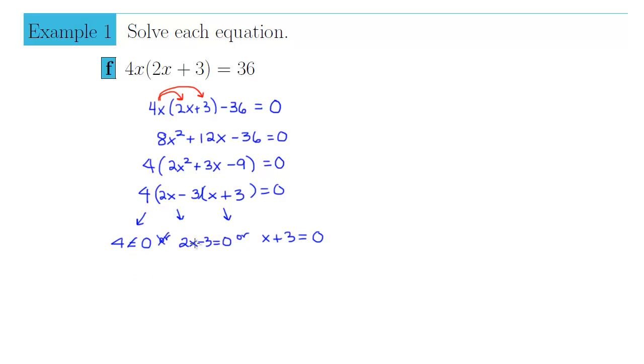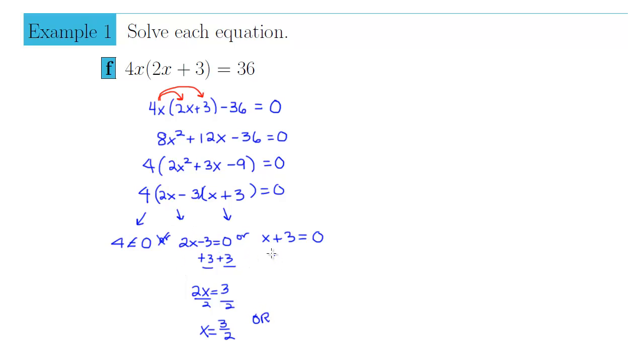Let's move on then to 2x minus 3. Solve for x. That means we need to add 3 to both sides. That gives us 2x equals 3. Divide by 2. That tells us that x equals 3/2 is a solution, which when substituted into our original equation, makes it true.